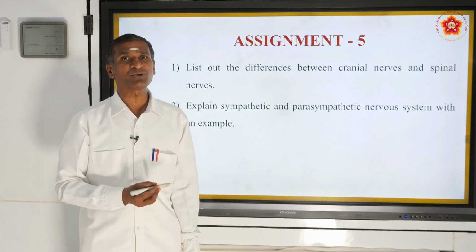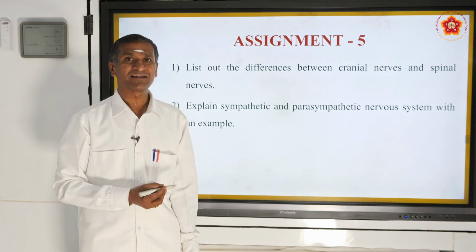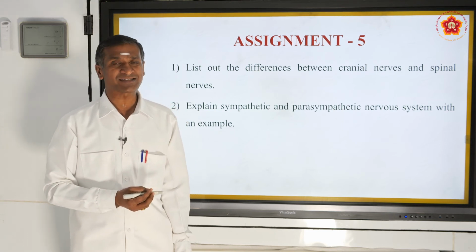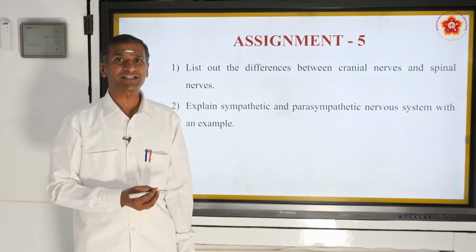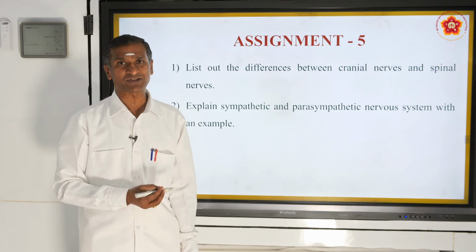Then we continued with the autonomic nervous system, which is nothing but ANS, a self-governing system, and it has two parts which are antagonistic, or opposite, in their functions.